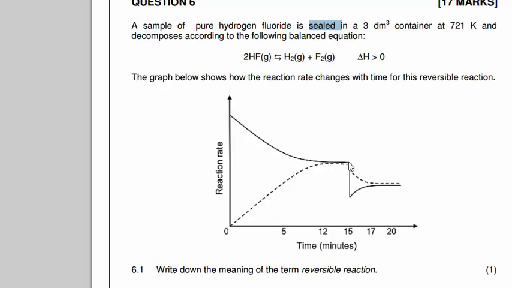But if hydrogen fluoride was removed from the container, I would favor the reverse reaction, which means the forward reaction will decrease and the reverse reaction will decrease, the forward reaction will increase. But here it makes sense to me, because this one also fell, that it was temperature. But I think both of them could actually be a correct answer.